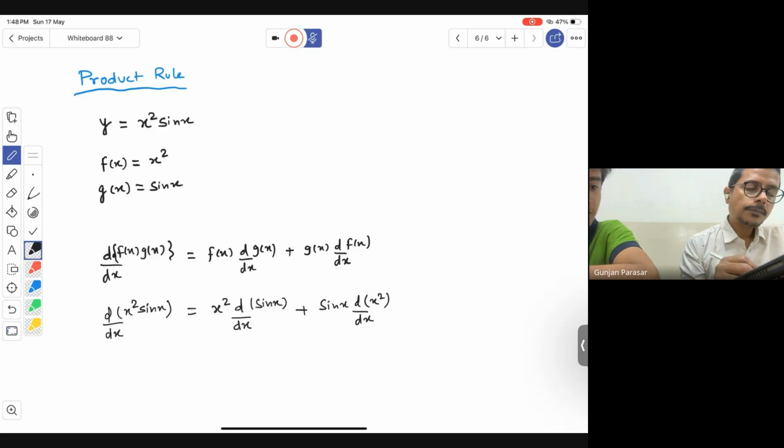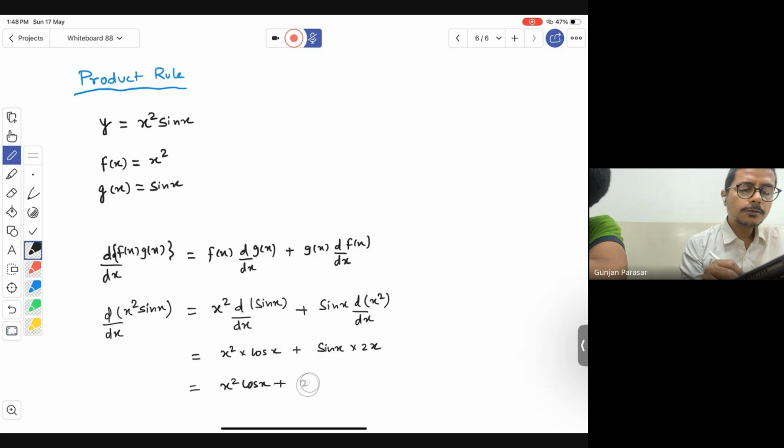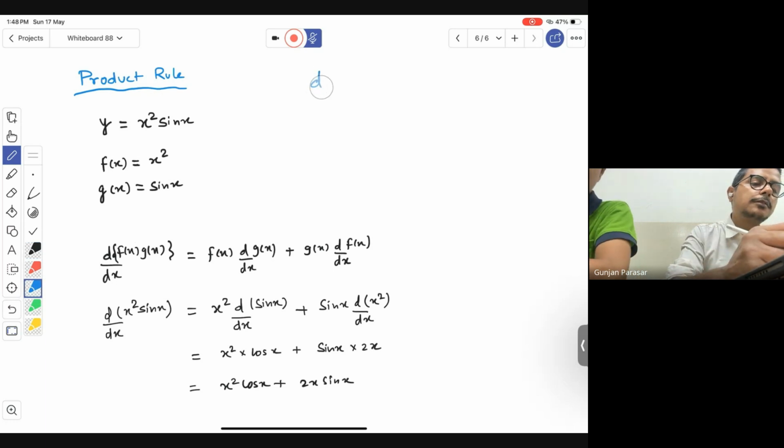The differentiation of sin x we know is cos x, so x square into cos x, and the differentiation of x square is 2x. So what we get is x square cos x plus 2x into sin x.